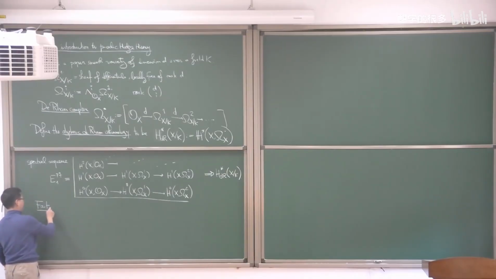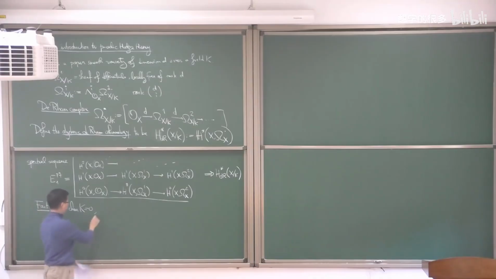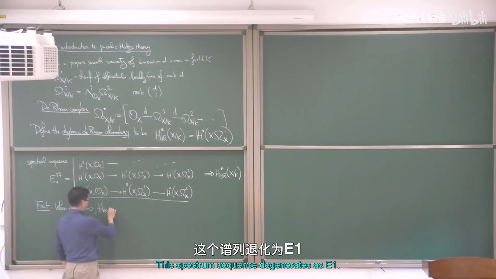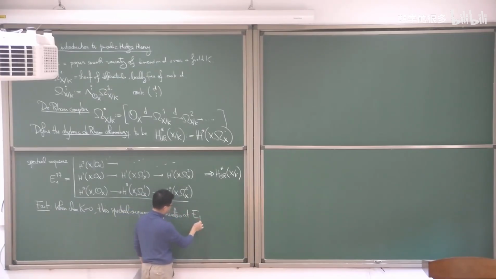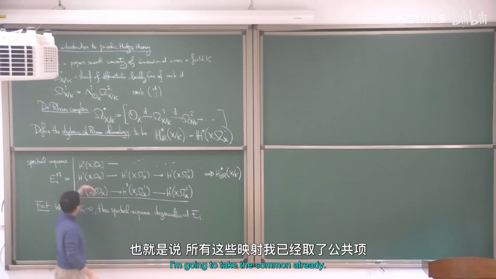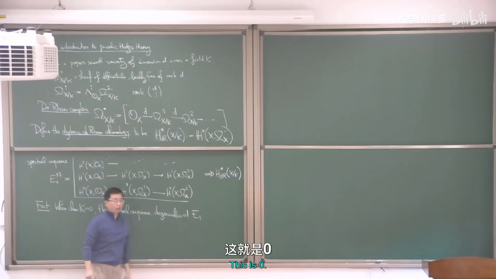Here's a fact, not a very easy fact. When the characteristic of k is 0, this spectral sequence degenerates at E_1. Namely, after you take the Čech cohomology, these maps are already 0 in characteristic 0.